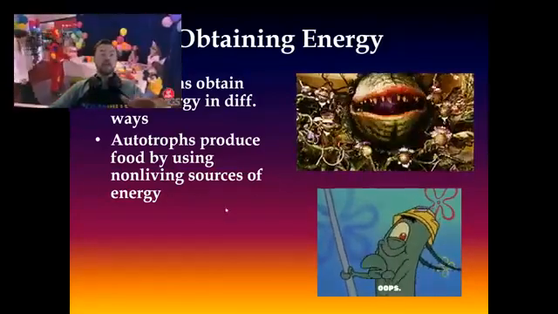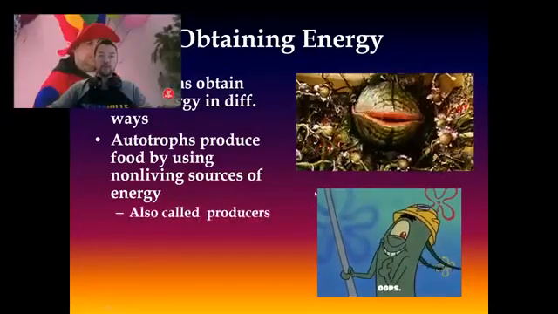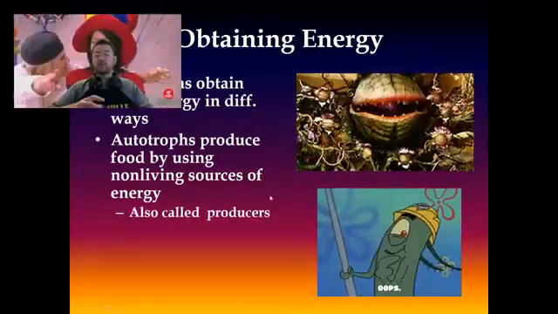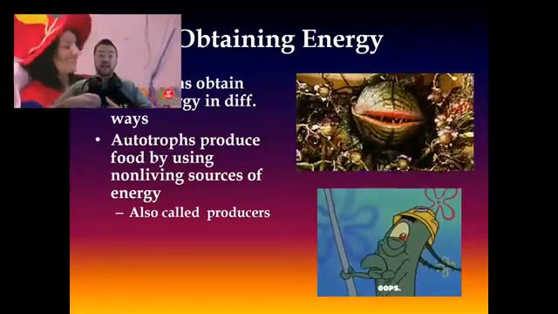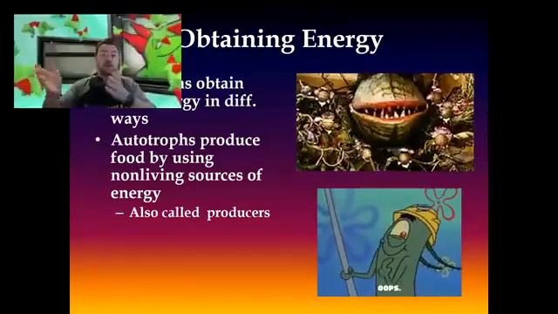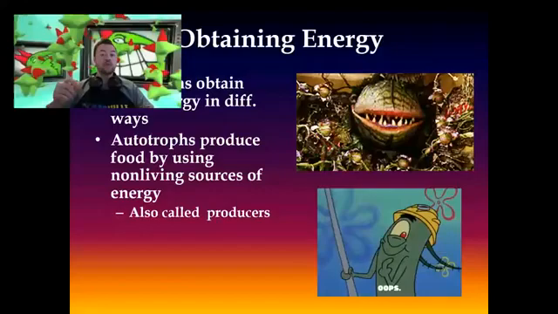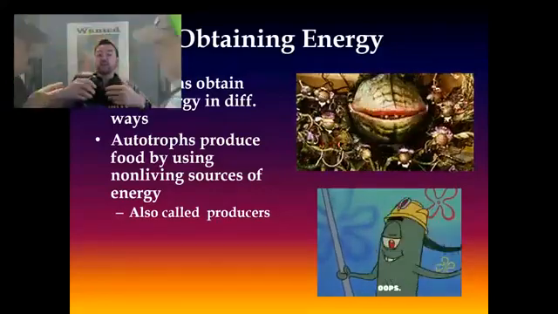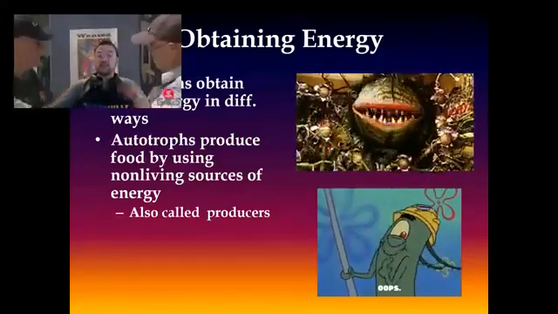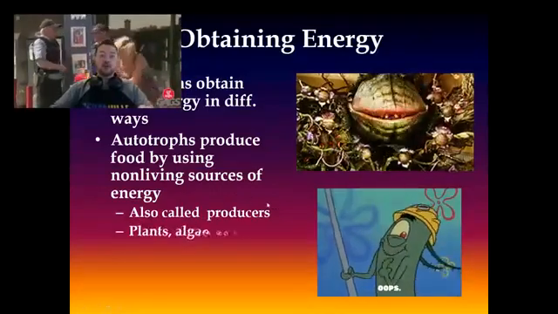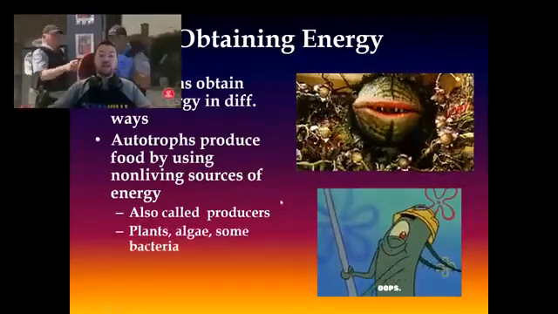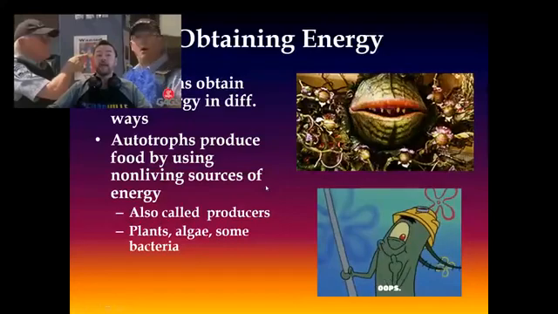Autotrophs make their own food. We also call these producers, because they produce food inside them, which can then be used for themselves, or if you're an organism that can't make your own food, then you eat these organisms and then you get your food that way. So those are producers. This includes things like plants, algae, and even some bacteria as producers.